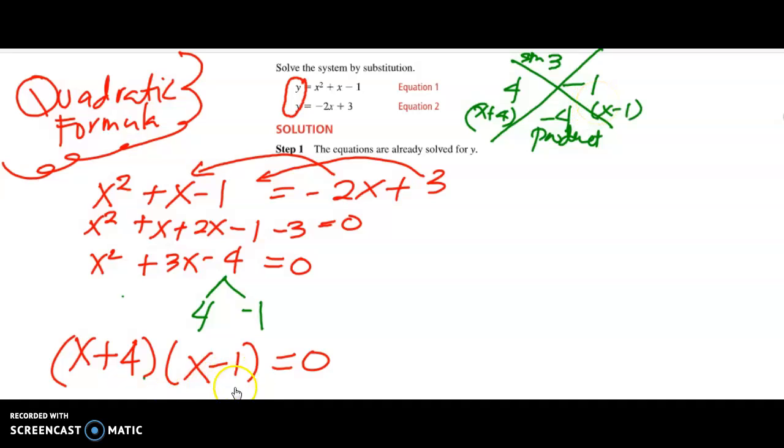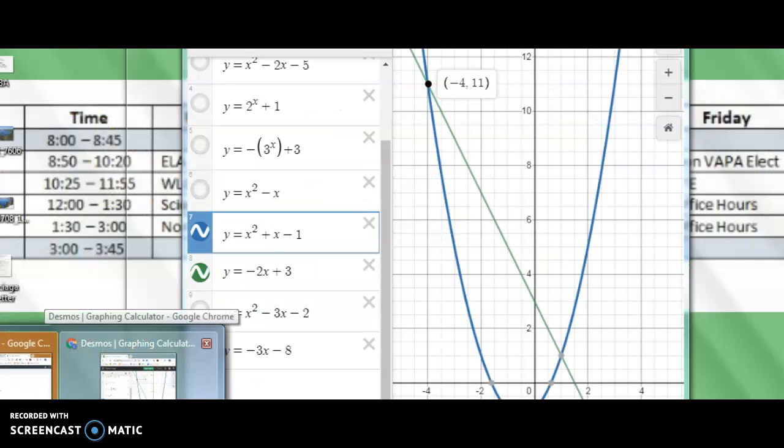Okay, so by using the zero product property, we know that from the first factor, the solution will be x is equal to -4, and from the second factor, the solution is x is equal to 1, right? Which is actually the same result as when we were graphing.